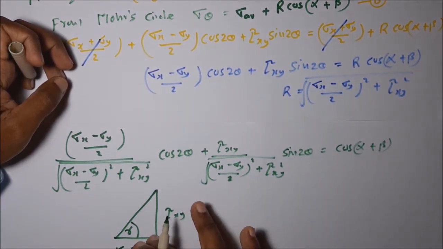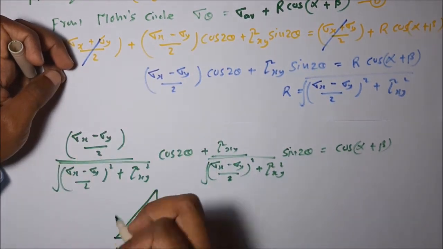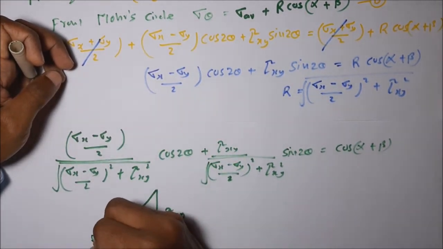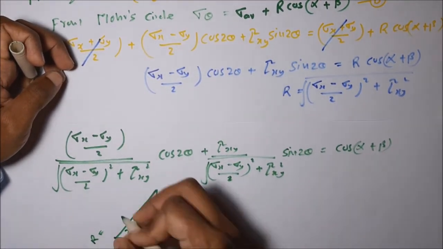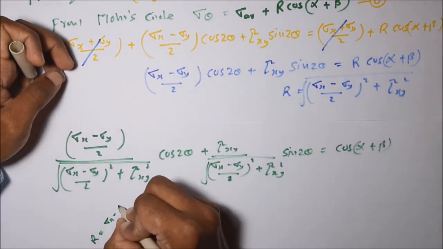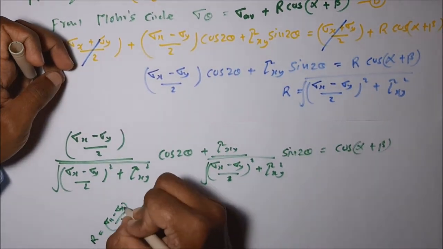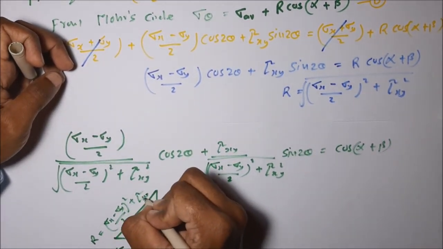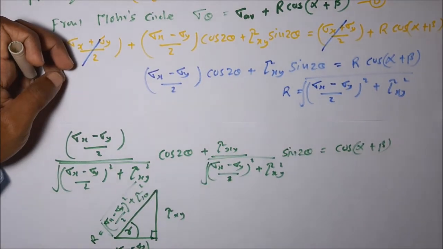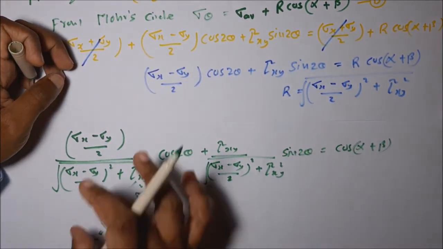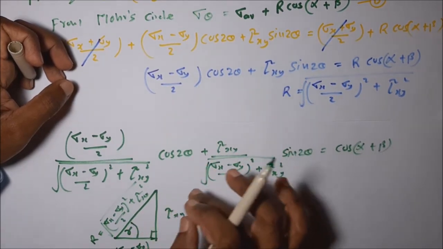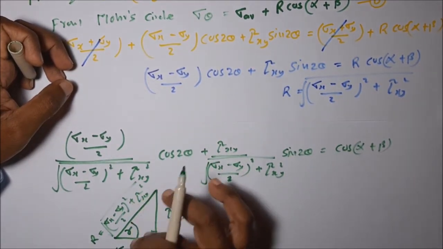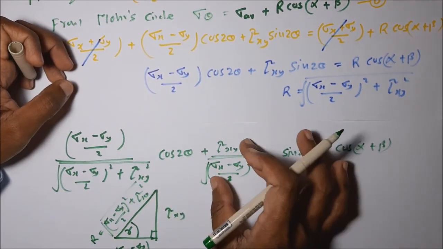This is a right angle triangle, so R is equal to the square root of (sigma x minus sigma y divided by 2) squared plus (tau xy) squared. Then cos gamma is equal to this term, and sin gamma is equal to tau xy divided by R, this term.